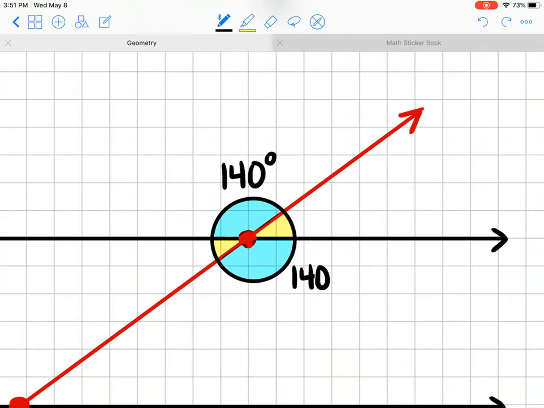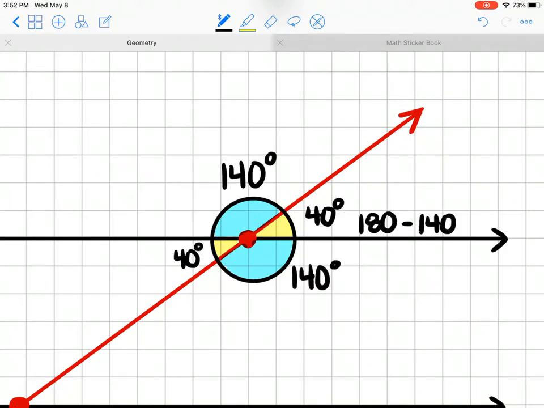That's 180 degrees. Okay, if I subtract 140, so let's take out the blue part, that leaves me with 40 degrees for the yellow. So that has allowed me to find the yellow part. And if that yellow part is 40, this yellow part is 40.